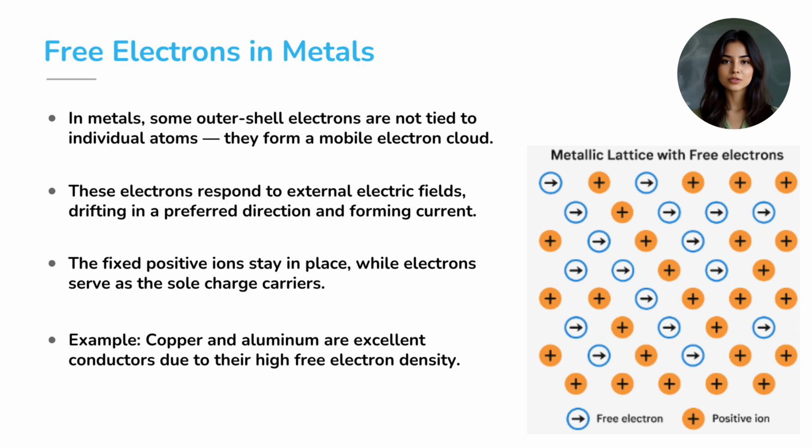Meanwhile, the positive metal ions remain fixed in place, forming the structure of the solid. So in metallic conductors, current is carried only by these drifting electrons. As shown in the diagram, we have a metal lattice of fixed positive ions, while free electrons move through it and carry current. This behavior is why metals like copper and aluminum are such excellent conductors of electricity.